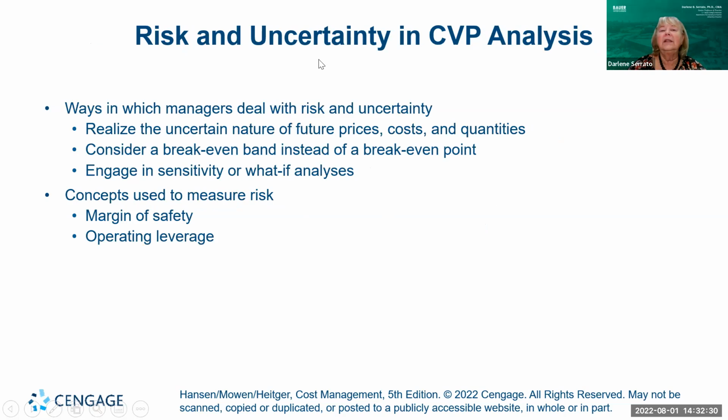So risk and uncertainty in CVP. So future prices are uncertain because it depends on supply and demand. So what you were charging in the past may not be what you're charging in the future. There was a shortage of housing in the city of Houston.